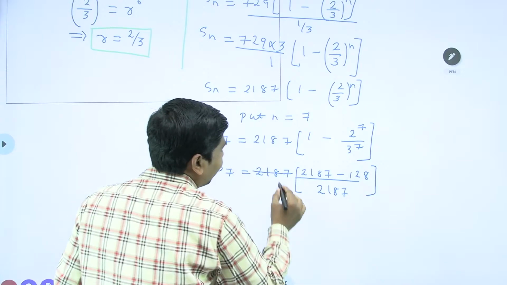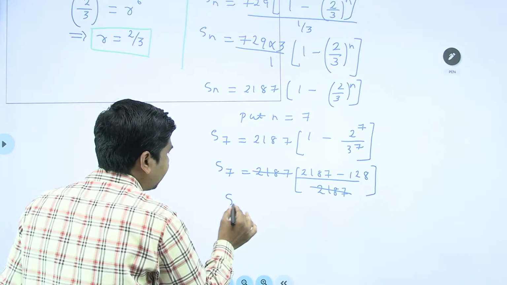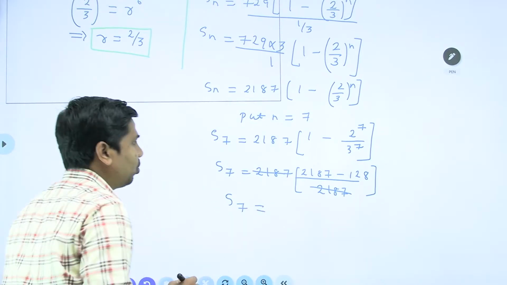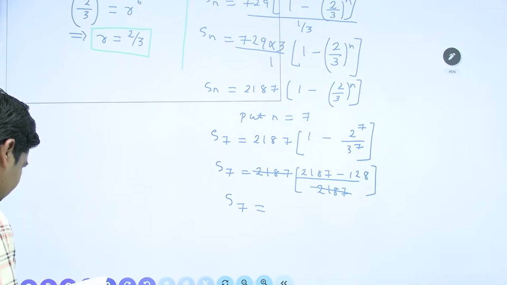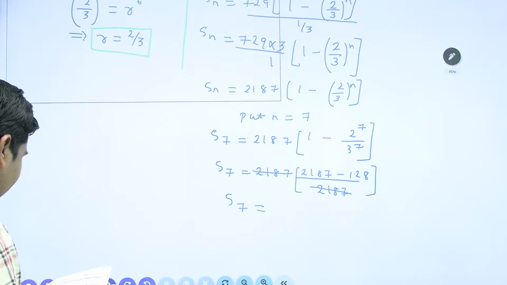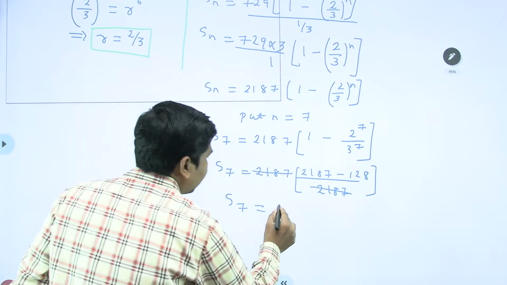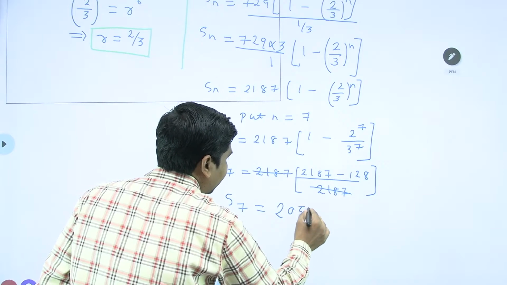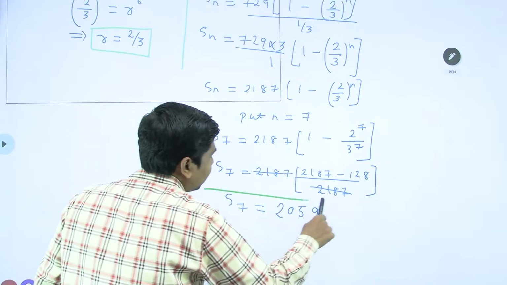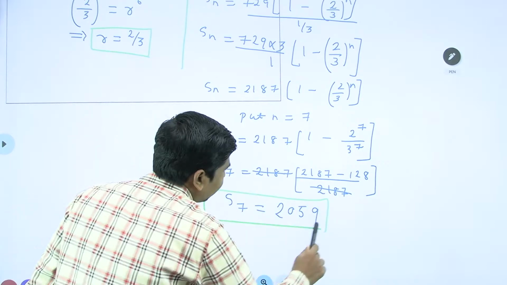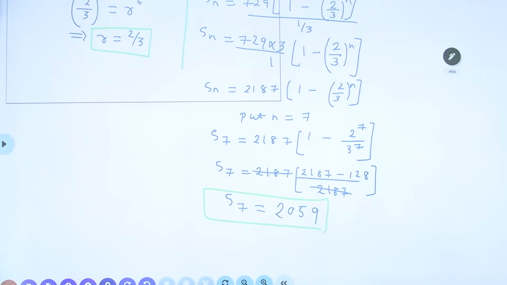So 2187 and 2187 get cancelled. S7 equals 2187 minus 128, which is 2059.